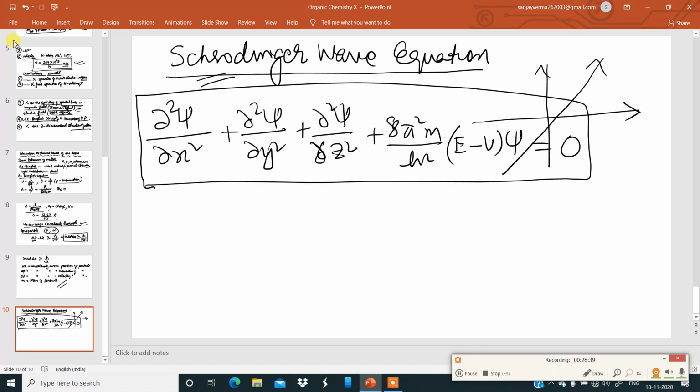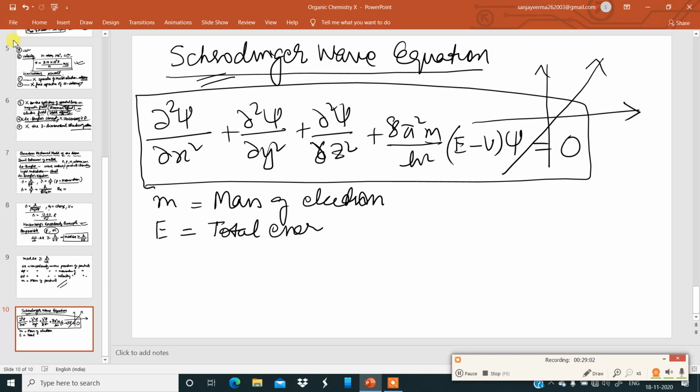Now, in this Schrodinger wave equation, m stands for the mass of the electron. Capital E stands for the total energy of the electron.